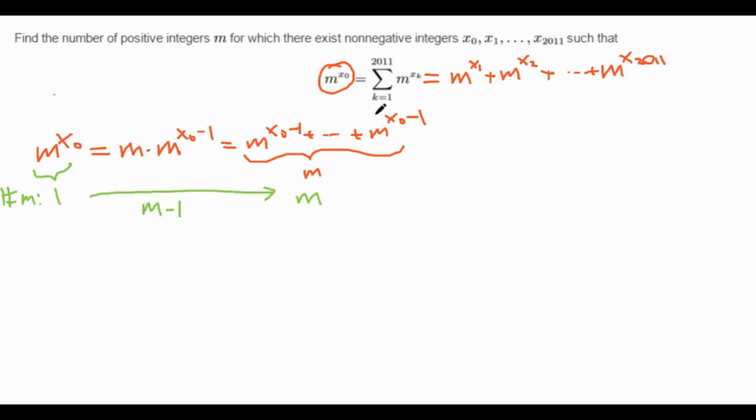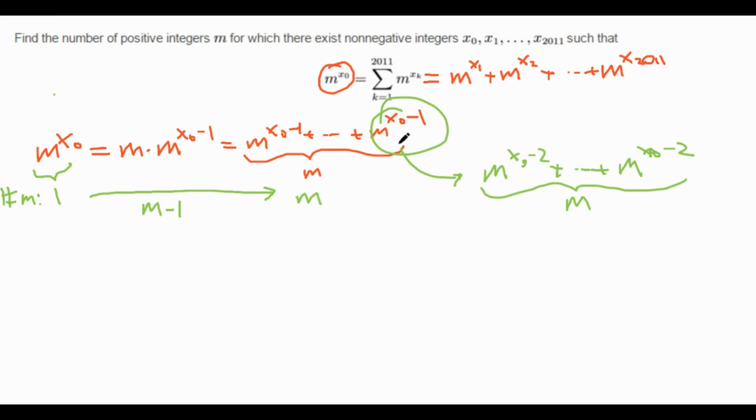Because we could do this exact same thing for any power of m that we choose. For example, if we choose this power of m, this is in fact represented as m to the power of x0 minus 2 plus a bunch of these, m to the power of x0 minus 2, and we have m of these that make one m to the power of x0 minus 1.